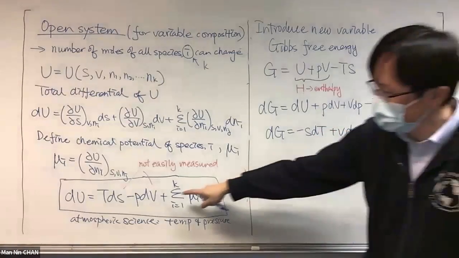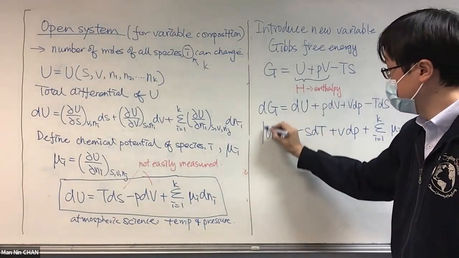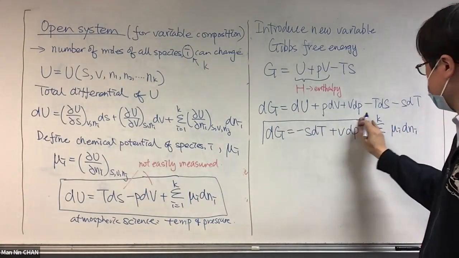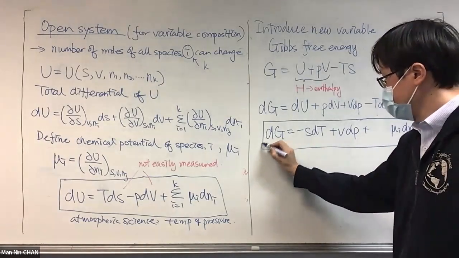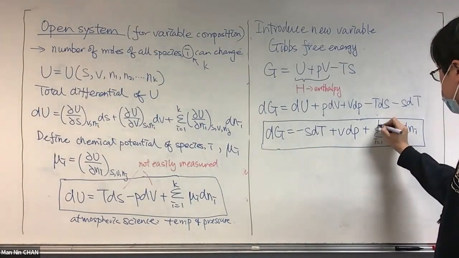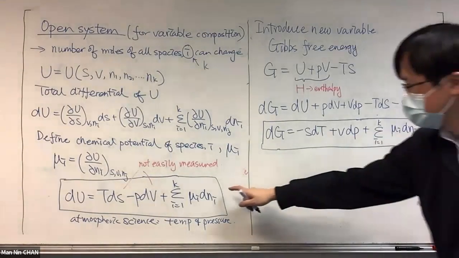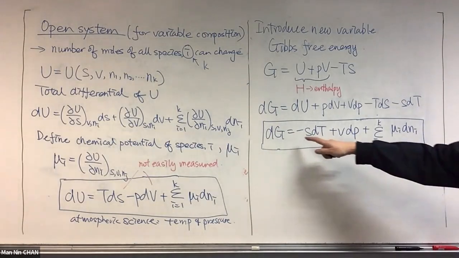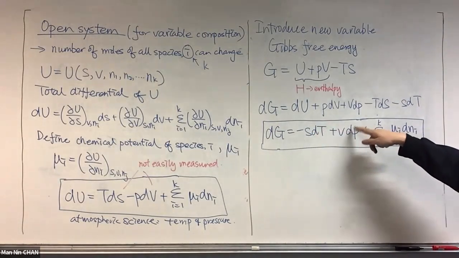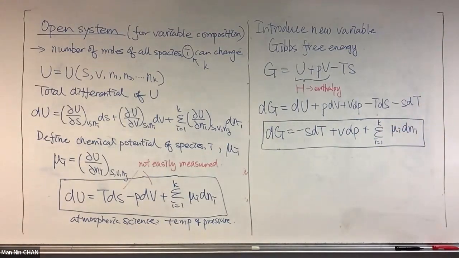What I'm doing is putting this expression into this equation, and you will get this term. So now you can see that the change in your Gibbs free energy of the system will be equal to minus S dT plus V dP, the change in the pressure, plus the sum of the changes of chemical potential. This is volume, this is pressure.